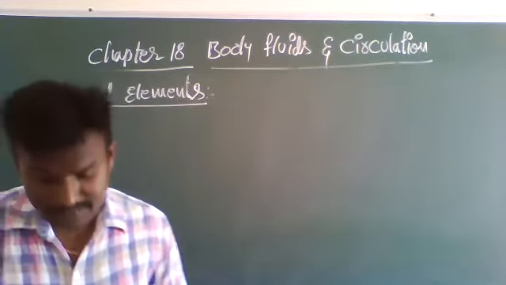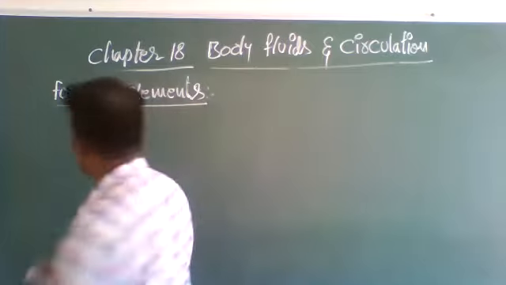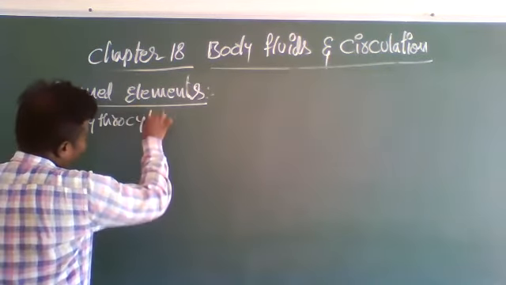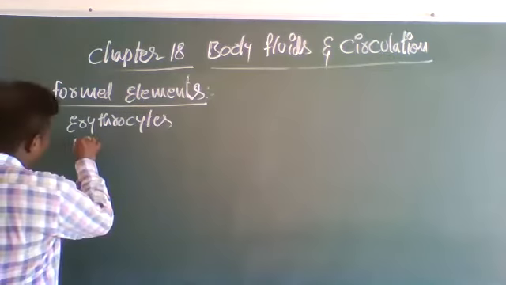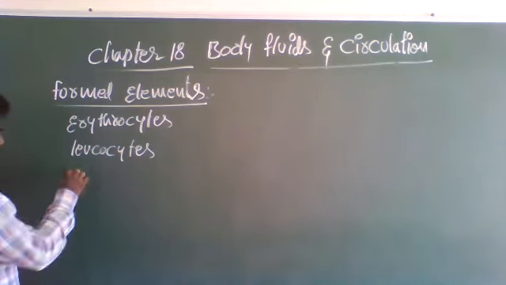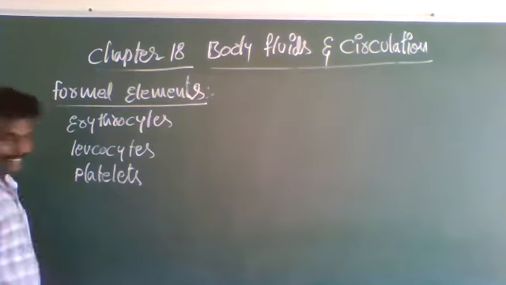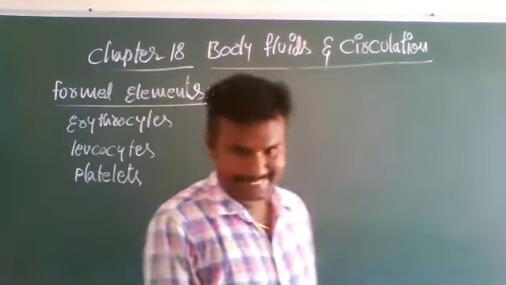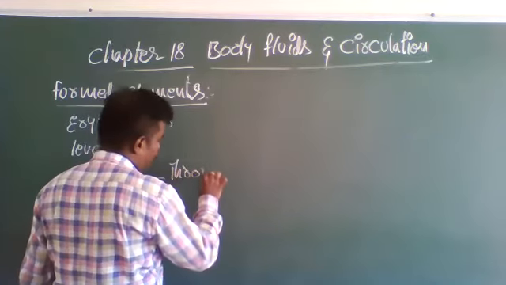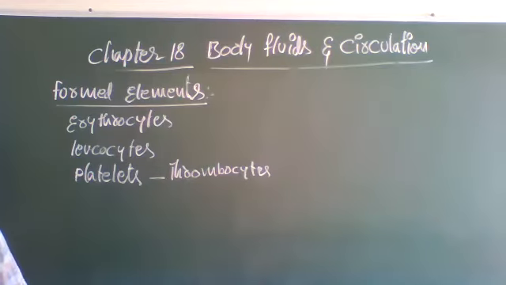Formed elements means erythrocytes, leukocytes, and platelets, also called thrombocytes.